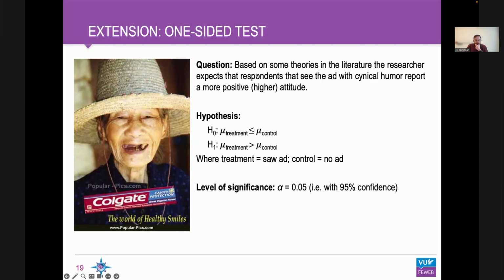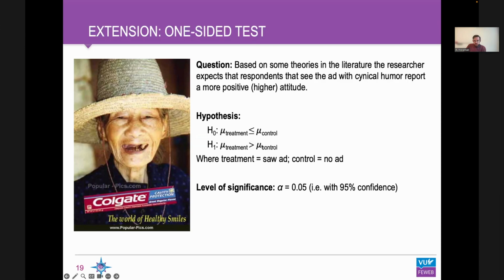In this case, based on some theories in the literature, the researcher expects that respondents that see the ad with cynical humor report a more positive or higher attitude. So our expectation is that the mean of the treatment, so people who saw the ad, would have a higher attitude towards Colgate versus people who did not.